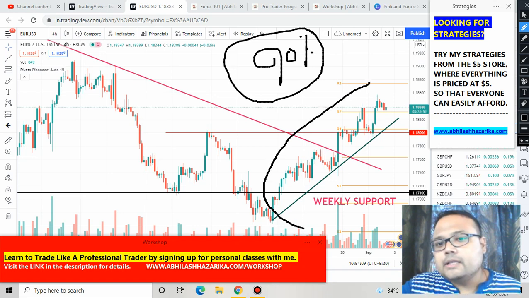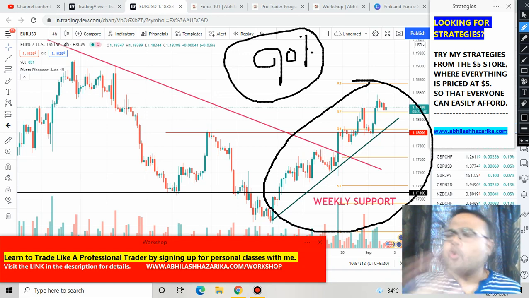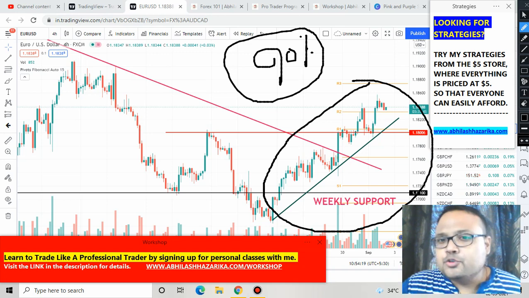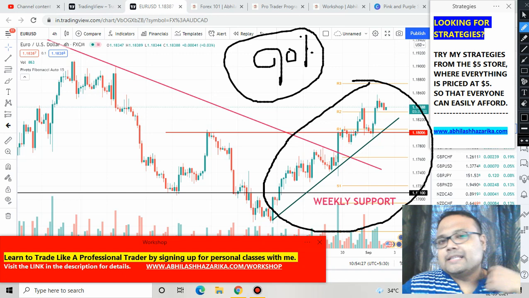This market is heavily under the dominance of buyers right now. Overall trend is a different chapter, but this market is in an uptrend right now. So do you think that you should be looking for shorting opportunities, or that you can make money by shorting this market? No. So my dear friends, do not make the same mistake. Only go for buy in this market.